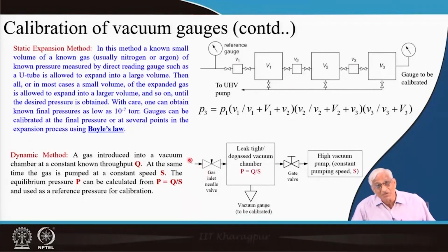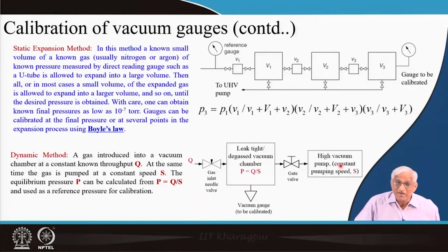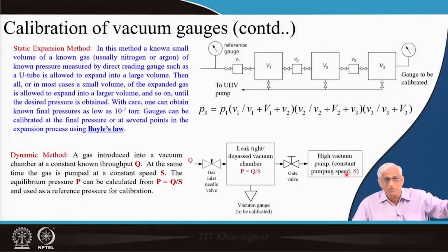So, if you can calculate throughput, directly Q in vacuum technology standards, but indirectly mass flow rate only, and if that is connected to a high vacuum chamber, which is evacuated by a pump having a constant pumping speed over a pressure range, like diffusion pump, turbomolecular pump, all of them have a constant pumping speed over a pressure range. So, that constant pumping speed S is coupled to a very high quality vacuum chamber without leaks or degassing, with an unknown gauge which we want to calibrate now.